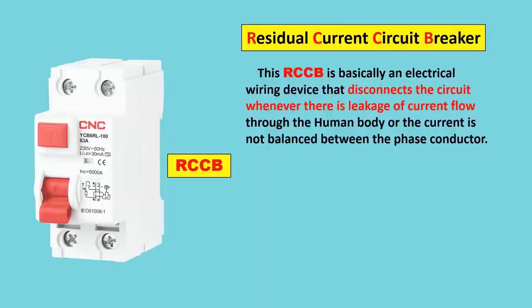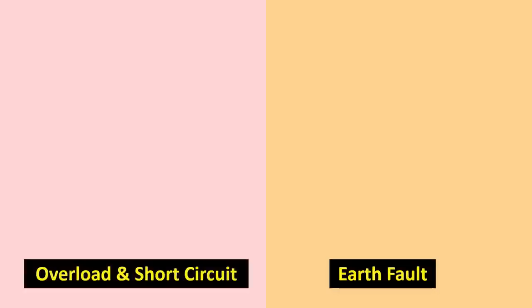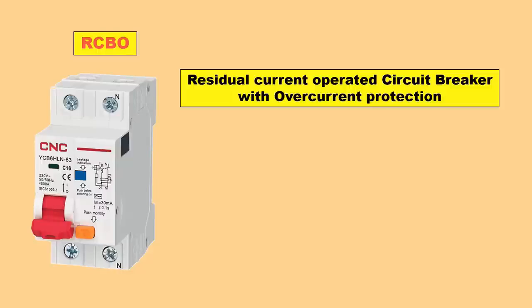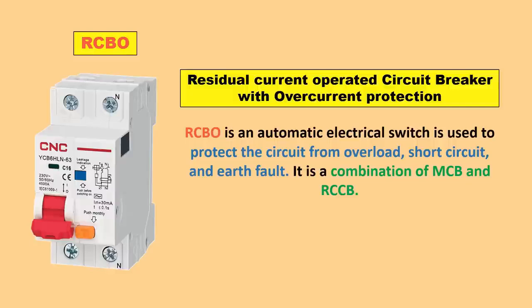Now if we want protection from earth fault, overload and short circuit, then we have to use MCB and RCCB, both these devices. But if you don't want to use two different devices, and instead by using only one device you want all the three protections, then in this condition you have to buy a RCBO.